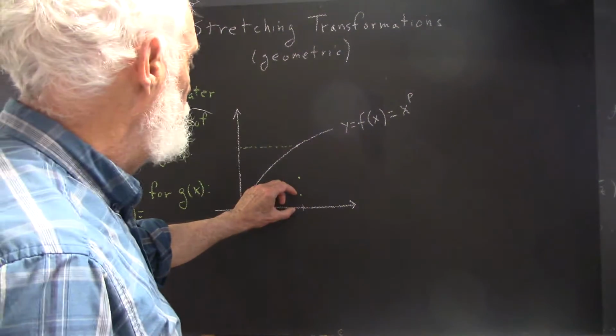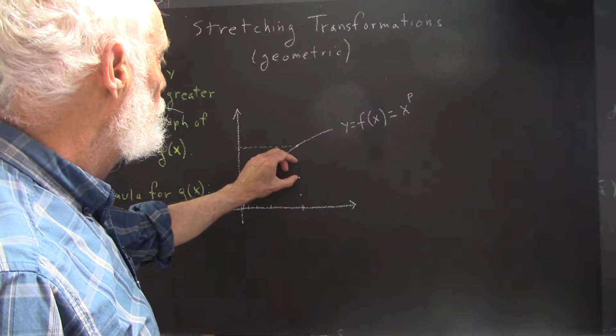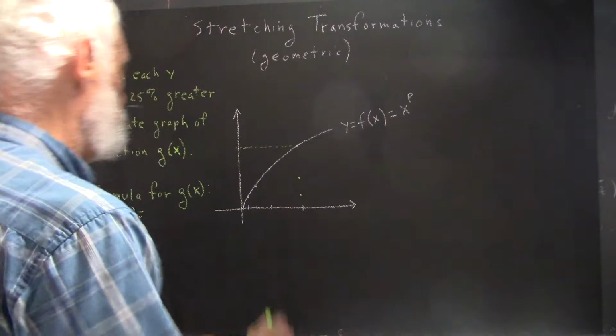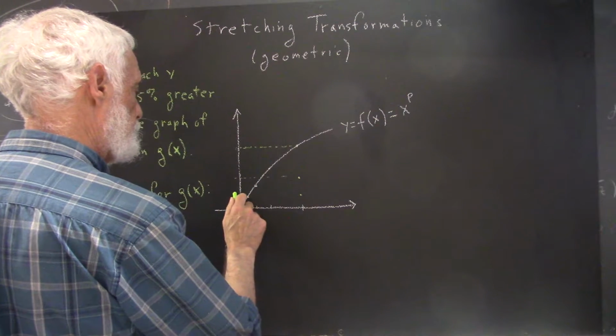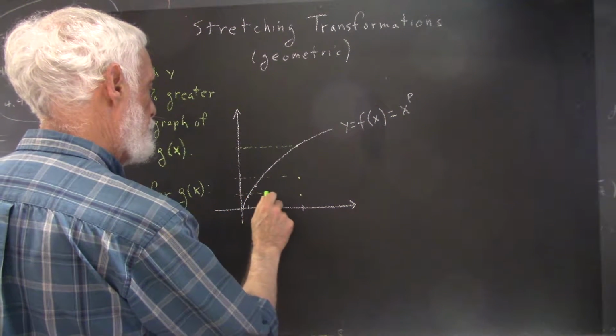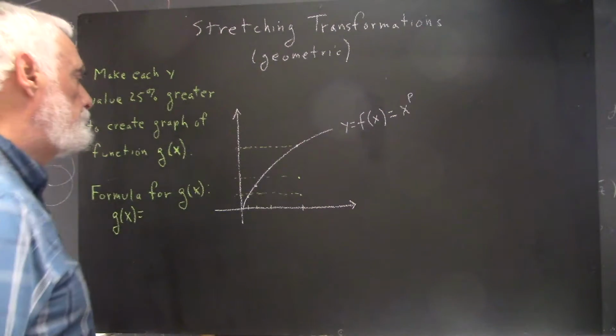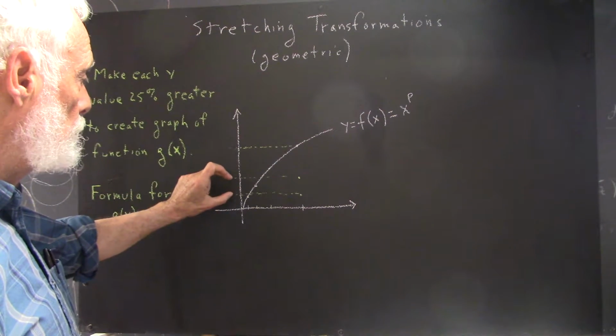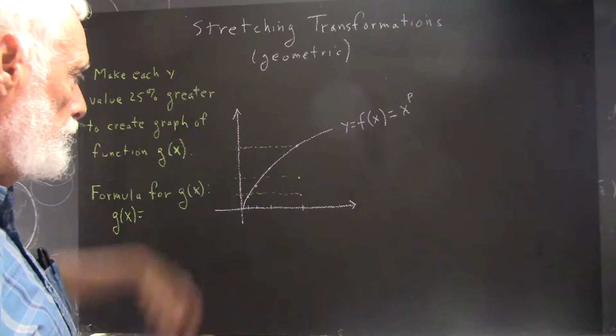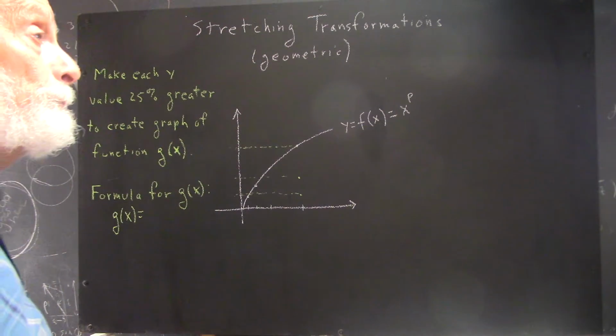So this value should be 1/4 of this y value. And we could do this over here on the y-axis if we wanted to. Okay, we could bisect this interval and then bisect again. 1, 2, 3, 4. I don't have that quite right, but we get the idea.